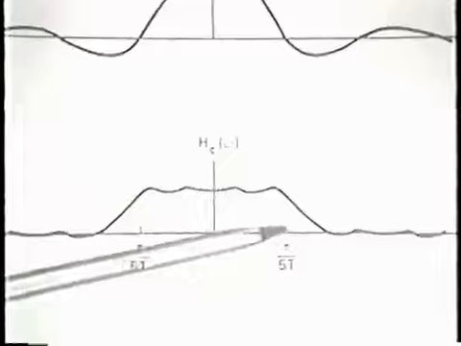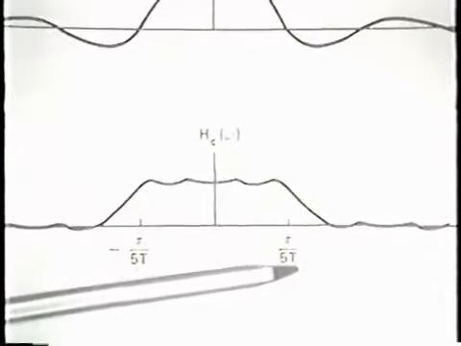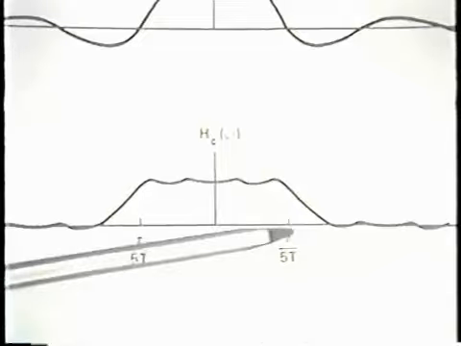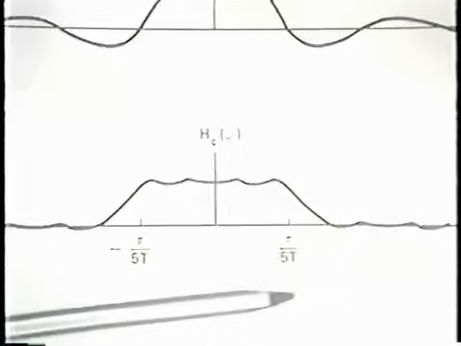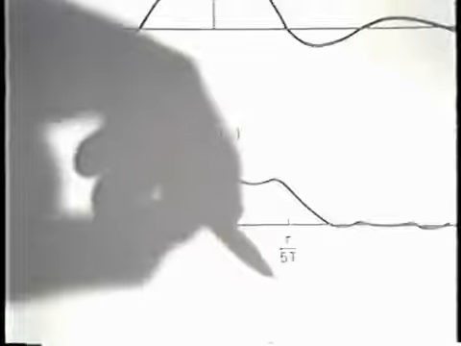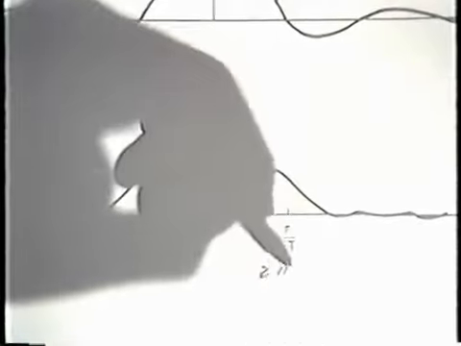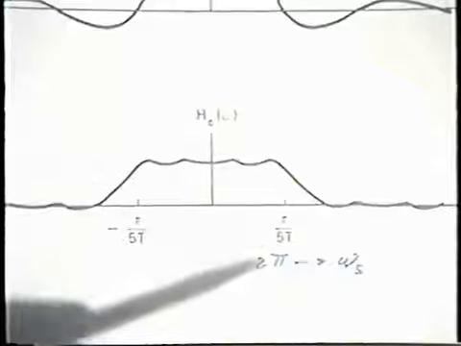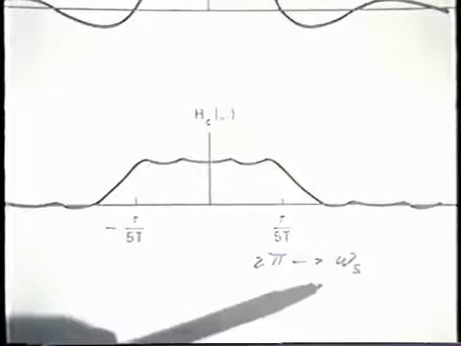And more specifically, since the discrete time or digital filter has a cutoff frequency which is 1/10 of 2 pi, the normalization, as you recall, is that 2 pi in discrete time frequency corresponds to omega sub s, the sampling frequency, in terms of continuous time frequency.